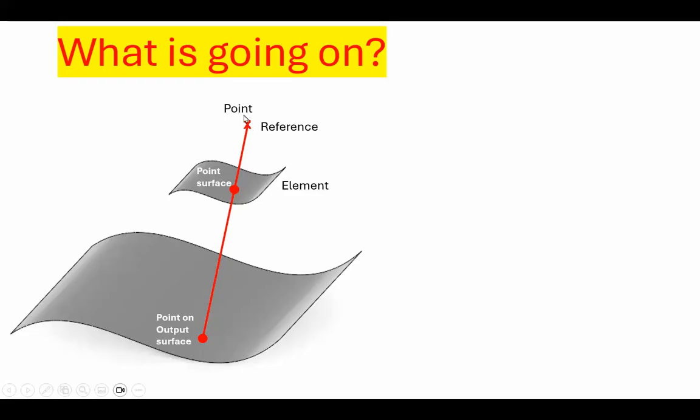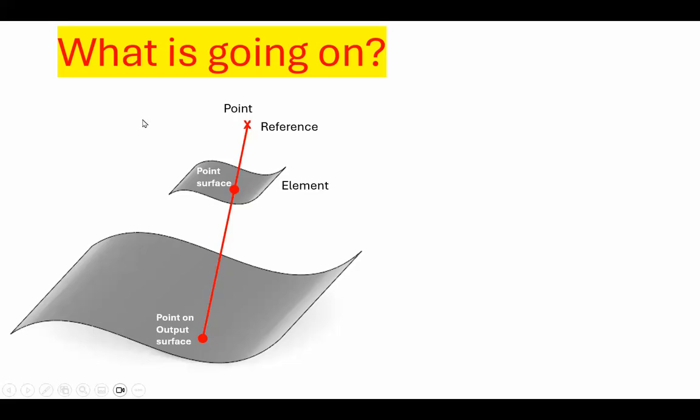If that is your selection, then it connects that point to every point on the surface and extends it along that line by the factor that you specify. So this is what's happening when a point is selected as reference.